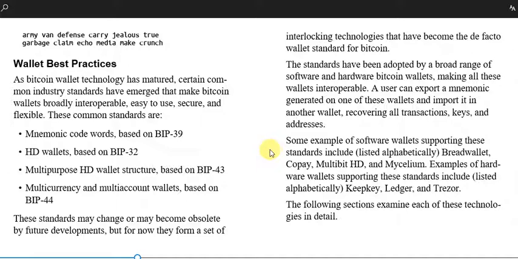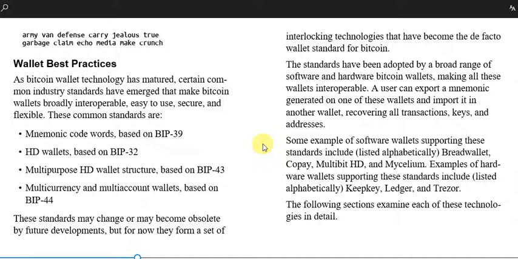Multipurpose HD wallet structure, based on BIP43. Multi-currency and multi-account wallets, based on BIP44. These standards may change or may become obsolete by future developments, but for now they form a set of interlocking technologies that have become the de facto wallet standard for Bitcoin.